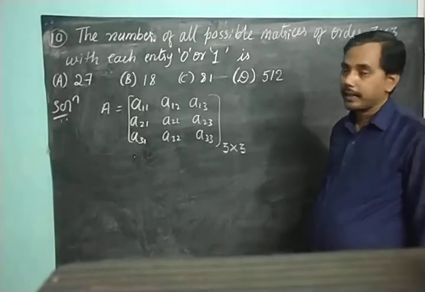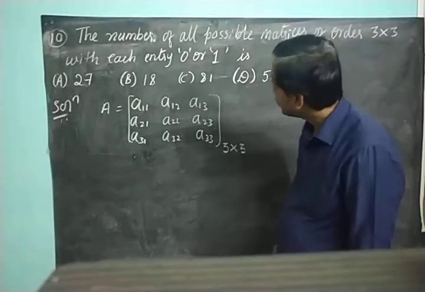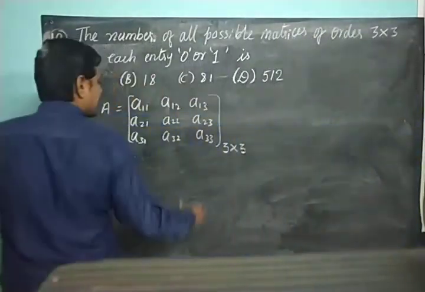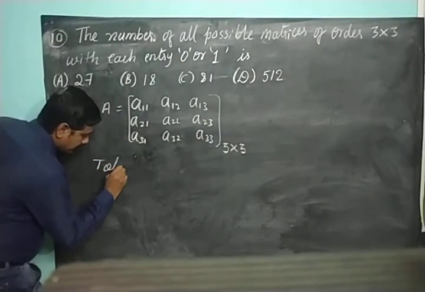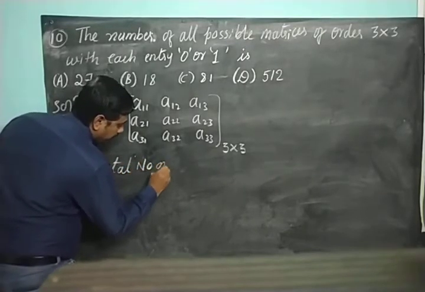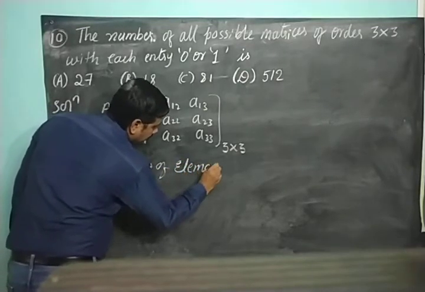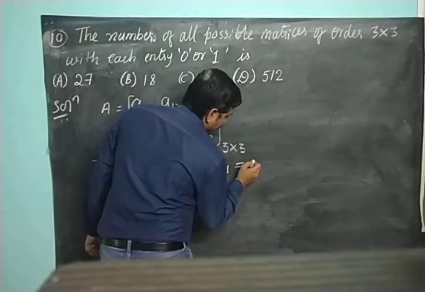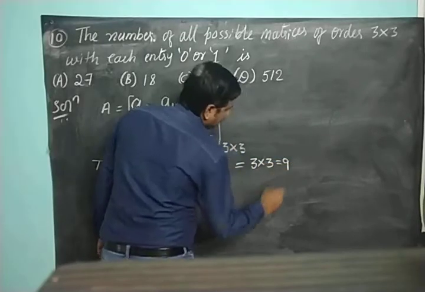Now let me tell you, my friends, how many numbers are there in this matrix? As it is a 3 cross 3 matrix, the total number of elements is equal to 3 into 3, that is equal to 9.